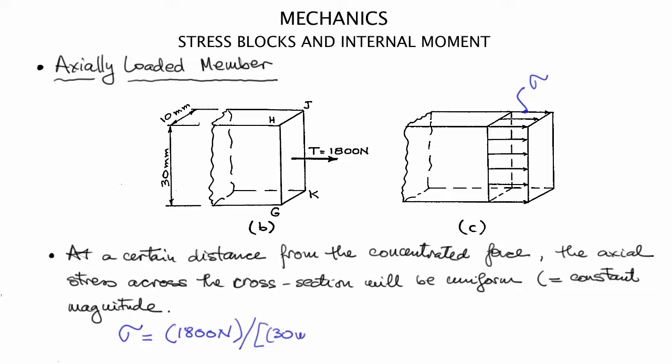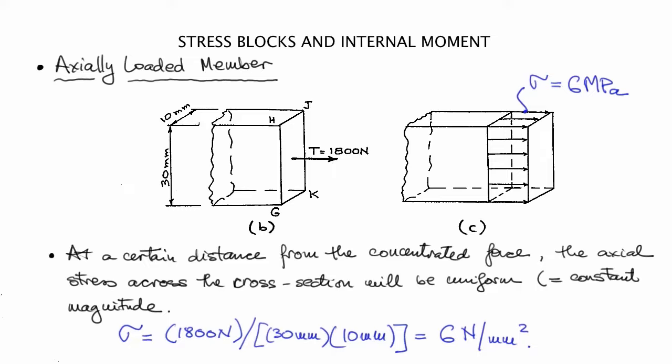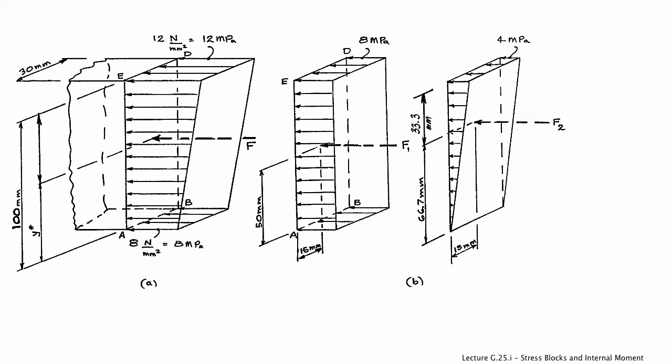So as we've learned before, this magnitude of the stress in this case will be equal to 1,800 newtons divided by the dimensions of the cross-sectional area, and that will give us 6 newtons per millimeter square, or 6 megapascals. So axial forces will always produce a uniform intensity axial stress.